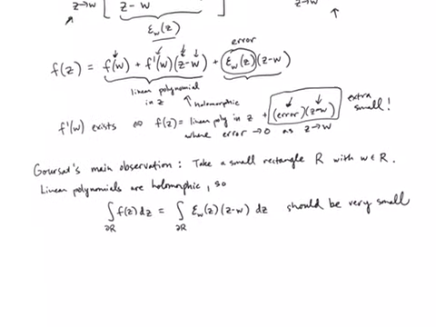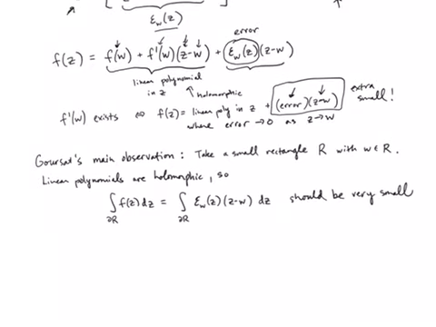Okay, so the first observation by Goursat is that if we integrate our analytic function around a small rectangle, then we expect the value of that integral to be very, very small, because the linear stuff just goes away when we integrate around that closed loop, and then we're just left with the integration of the error term.